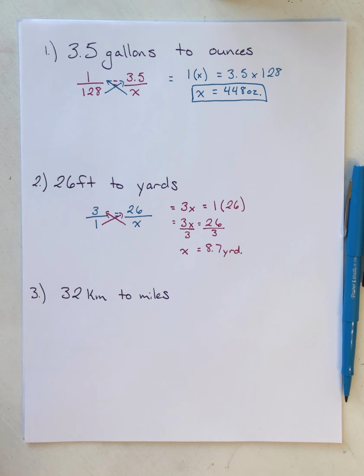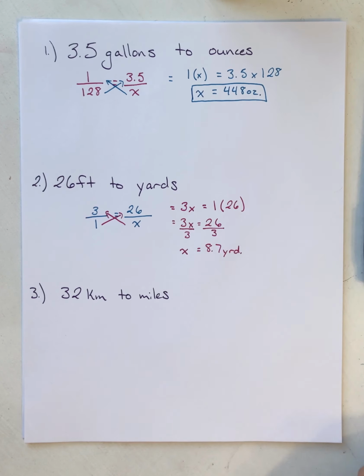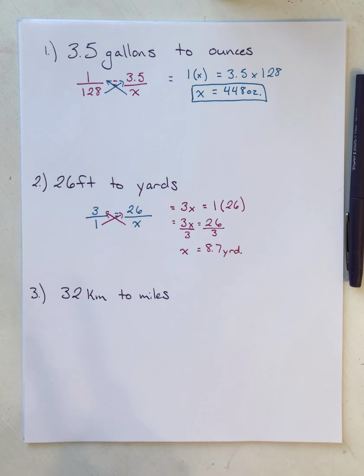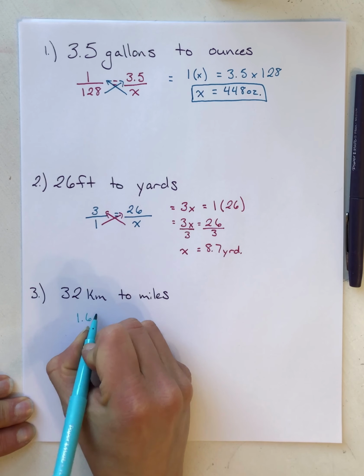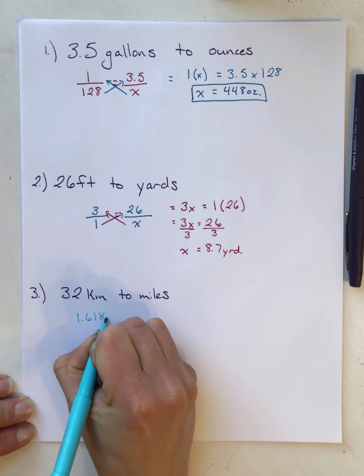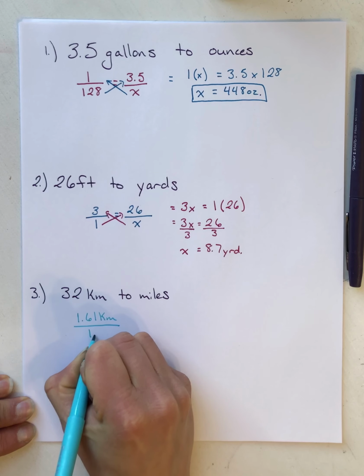Okay, so then we'll go down to the next one and we have 32 kilometers to miles. So we're going from kilometers. Let's take a look at our conversion chart. On our conversion chart, it says that for every 1.61 kilometers is 1 mile.